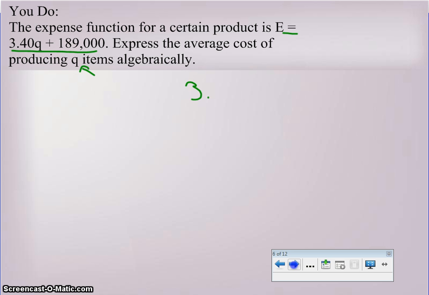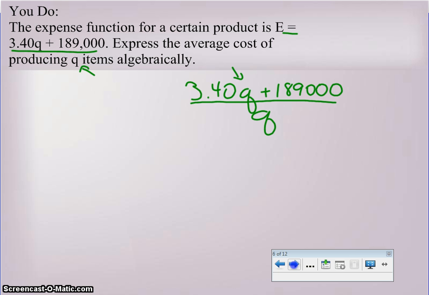So it was simply plugging in what Q is. Well, it says Q is Q. And then if we look back at our last one, 50,000 is what went there. And our second step was to divide it by that. So after all is said and done, it's 3.4Q plus 189,000, all then divided by Q.